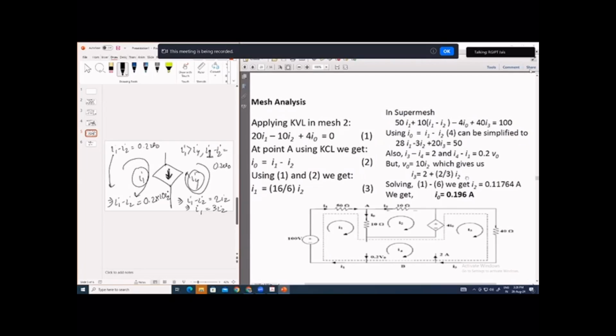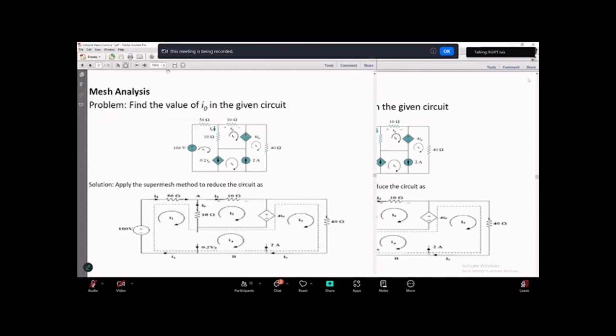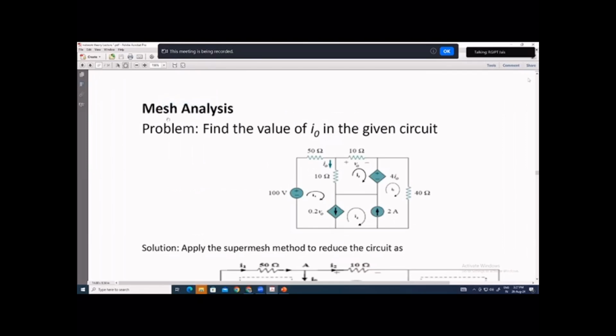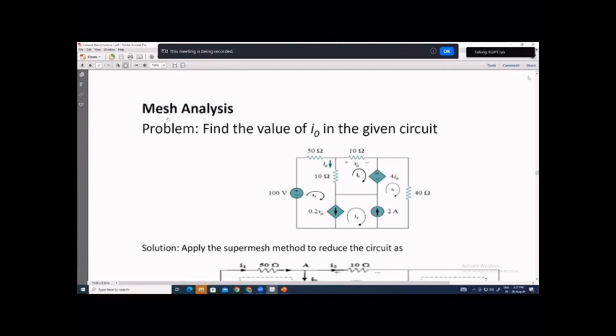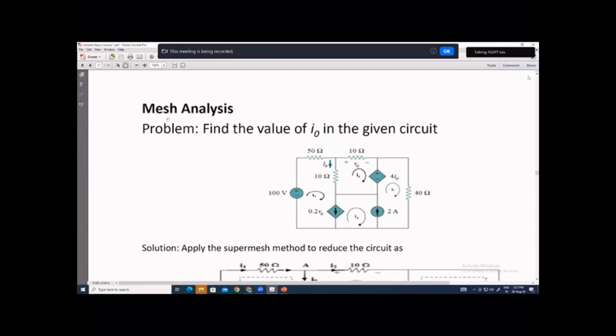Now, I am keeping this circuit for a few minutes. Let me maximize this, and let me know where your queries are. This is the last mesh problem in this theory class that will be solved using supermesh. We'll solve many problems in tutorial also based on this.